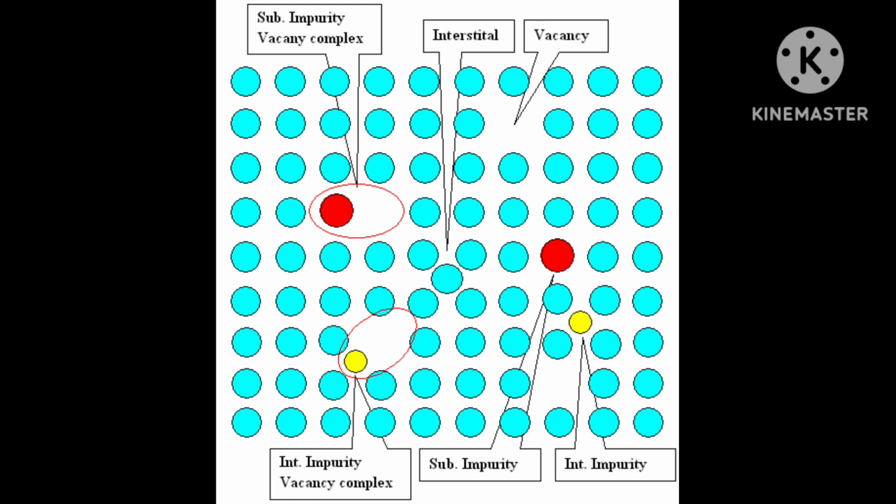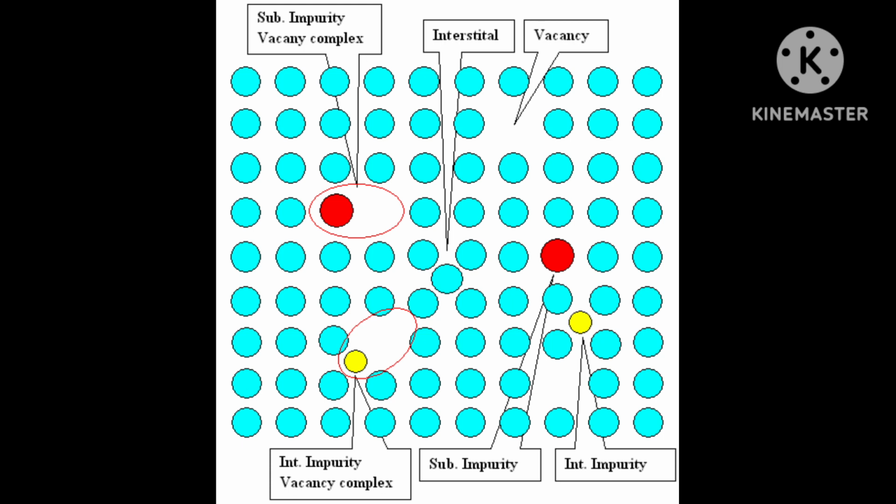Here the important thing is that this is also a vacancy defect, but in a Schottky defect the cation will be dislocated and the anion will also be dislocated, both.